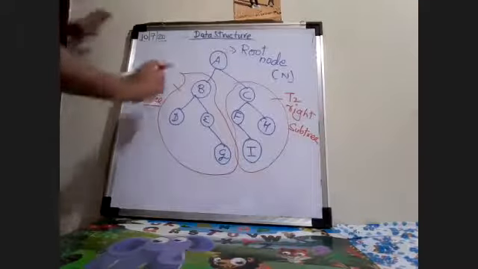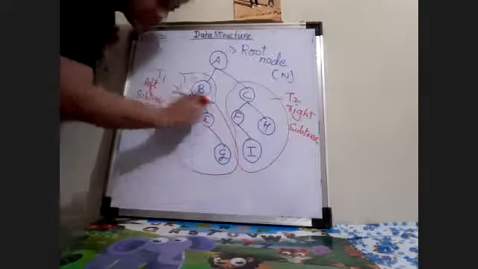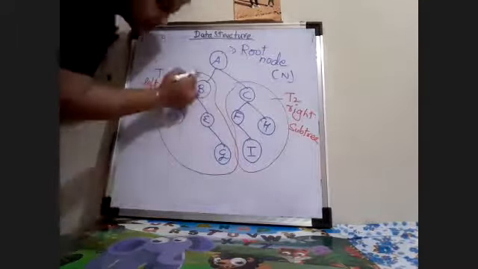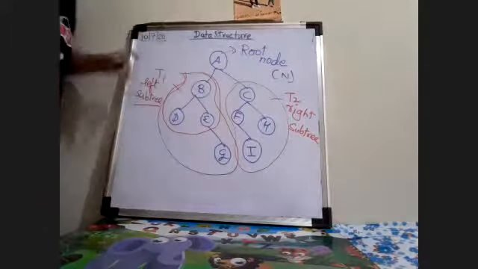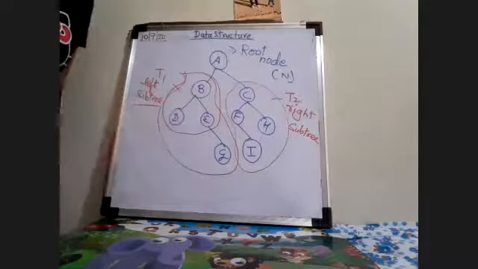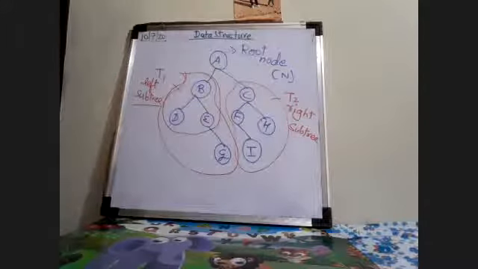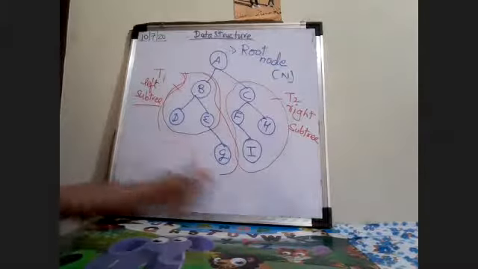Now, I will talk about just one individual node like this. I'm talking only about B, D, and E. Every node, listen carefully, has a left successor and a right successor.